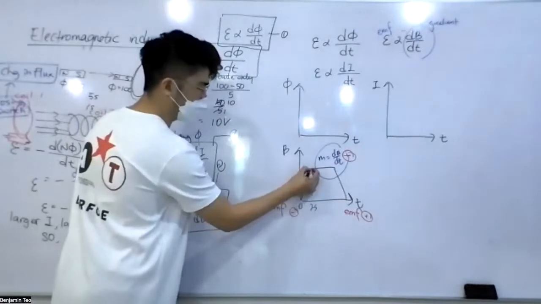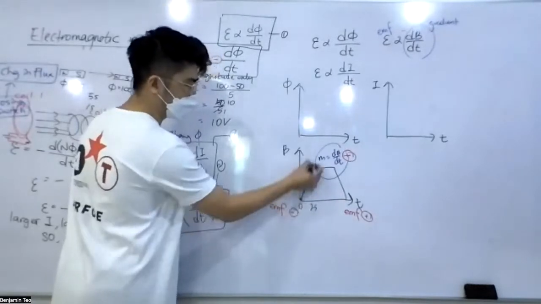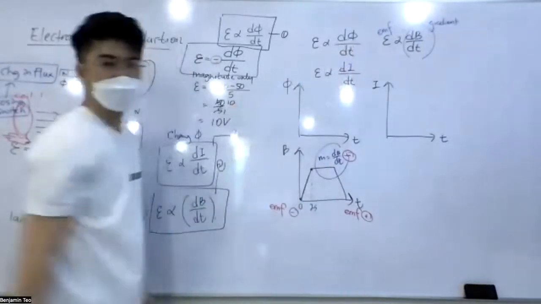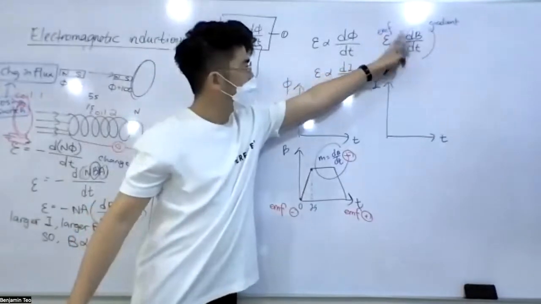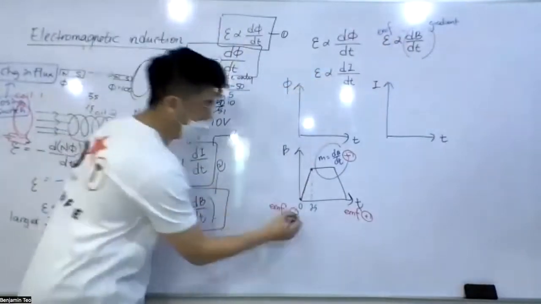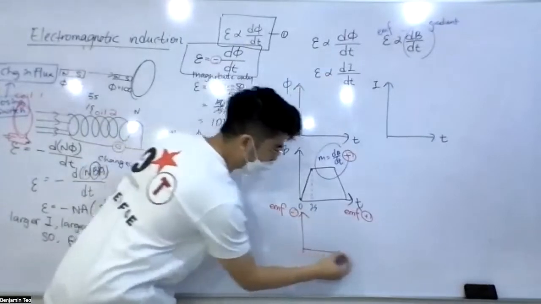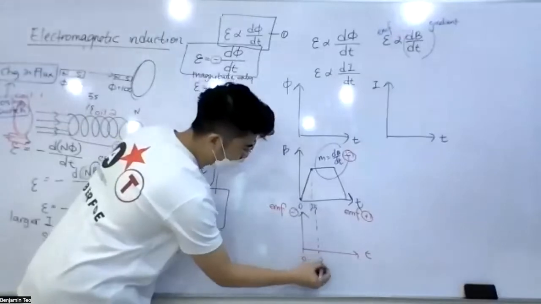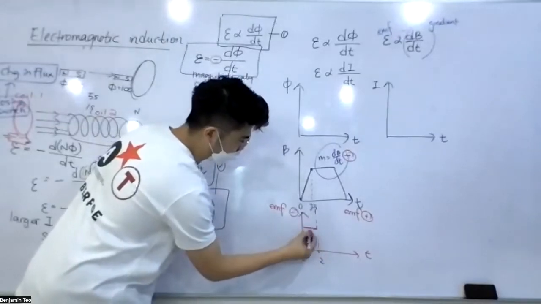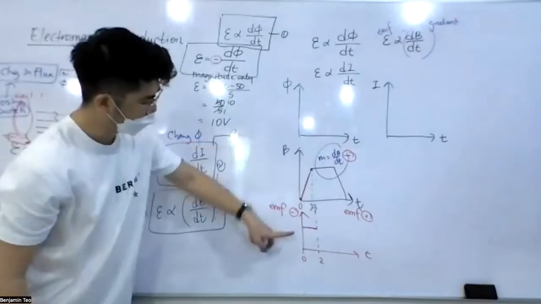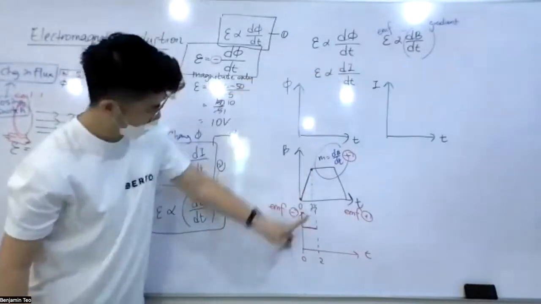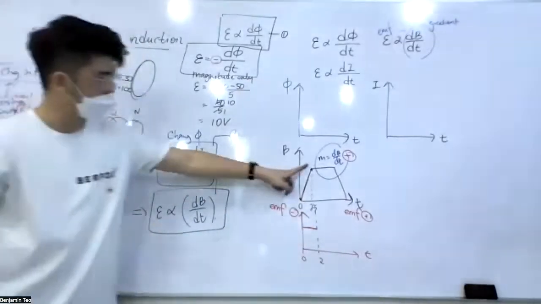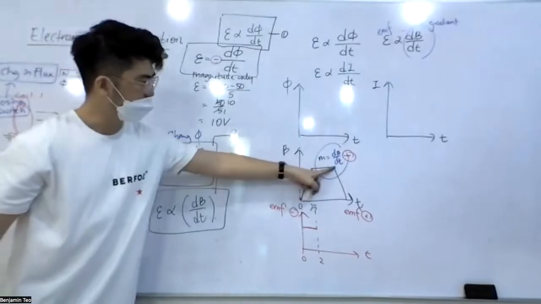From 0 to 2 seconds, this is constant gradient. So if it's constant gradient, your EMF is constant because proportional, right? So you can expect how your graph looks if you were to plot EMF against T from 0 to 2 seconds. You will get a horizontal line, because this is a constant gradient. This will be a constant value. This is a 0 gradient, horizontal line.